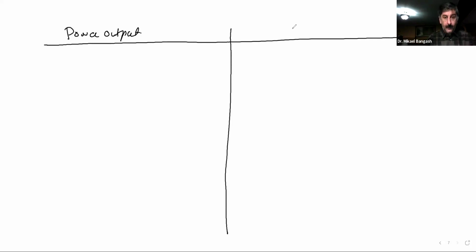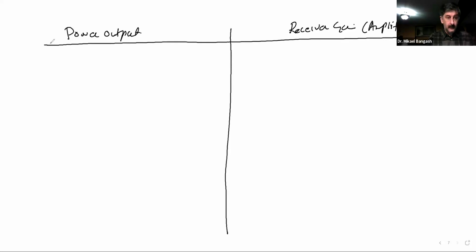On the other hand, receiver gain, which we also call amplification.